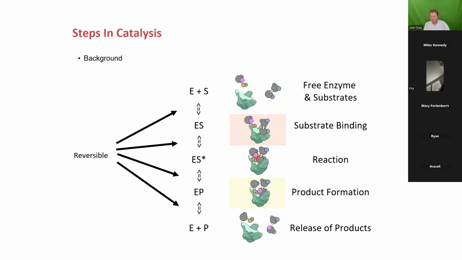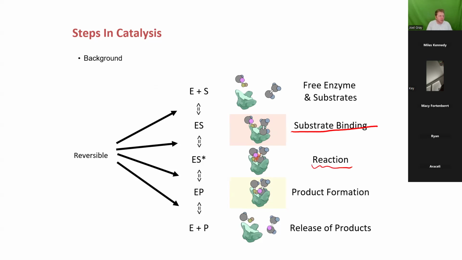So the progression of what's taken place here: our enzyme and our substrates are in the same area. They're not in contact, but they're in the same general vicinity. Then we have our enzyme substrate complex, where our substrate binds to that enzyme. Then, after that binding has occurred, our reaction takes place.